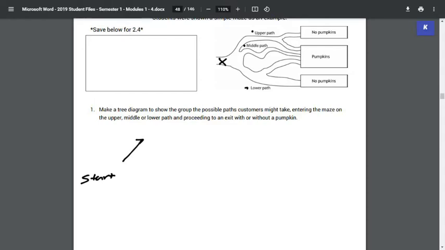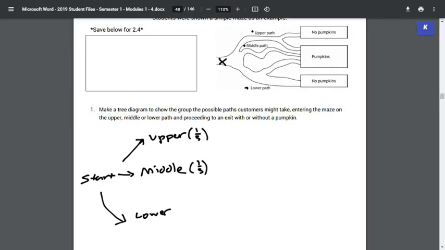I'm going to create 3 arrows that show that: here's my upper, here's my middle, and here is the lower. Since there are 3 options, the chance of picking one of them is 1 out of 3, so I'm going to put a fraction behind each of these to express that.